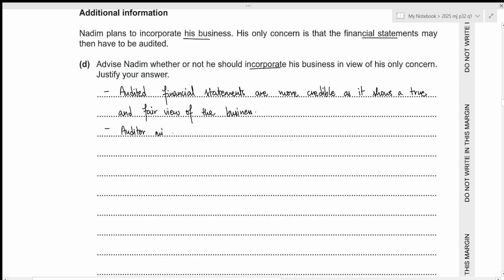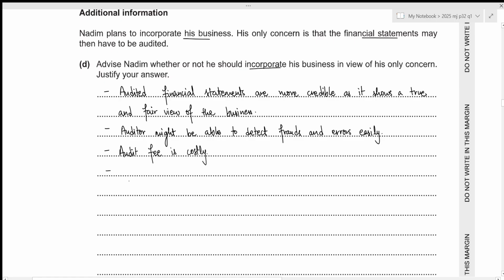might be able to detect frauds and errors easily. Now we need some comments regarding why it should not be audited. The very first thing is that audit fee is costly.